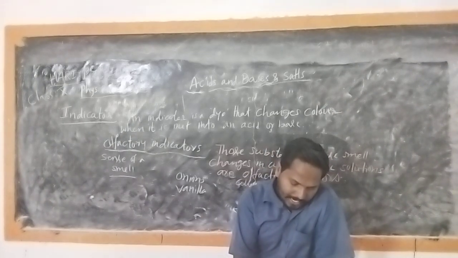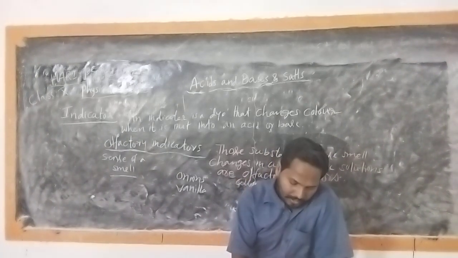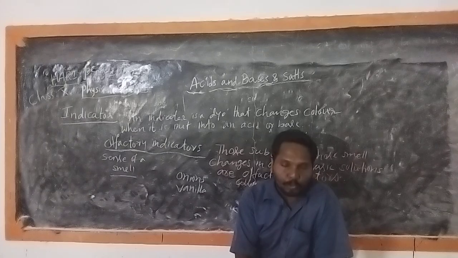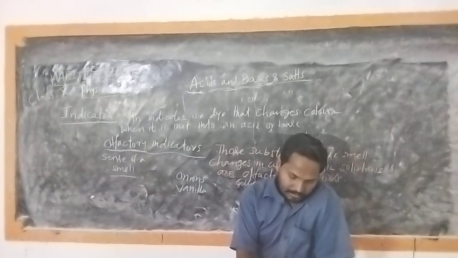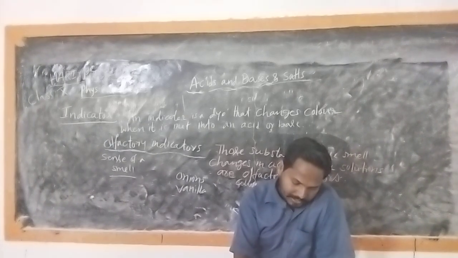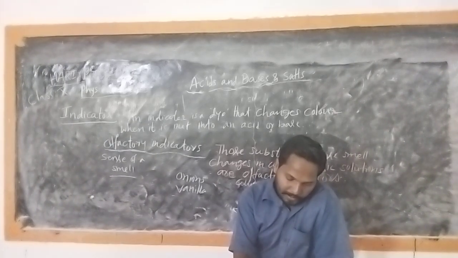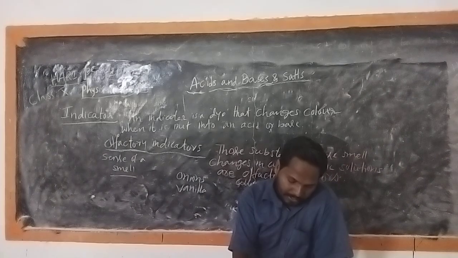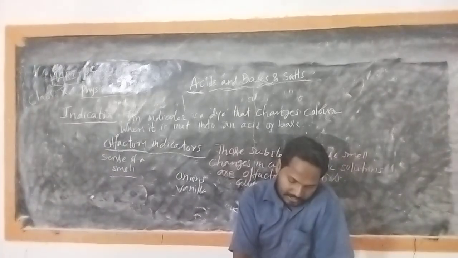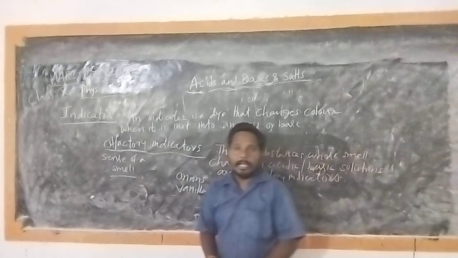Onion has a characteristic smell. When a basic solution like sodium hydroxide solution is added to a cloth strip treated with onions, then the onion smell cannot be detected. An acidic solution like hydrochloric acid doesn't destroy the smell of onions. This can be used to test for acids or bases.